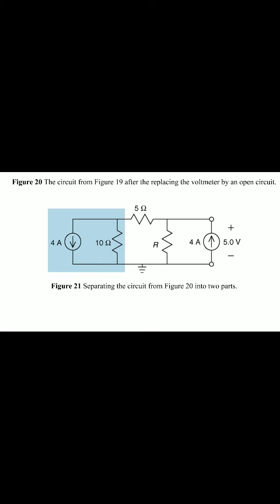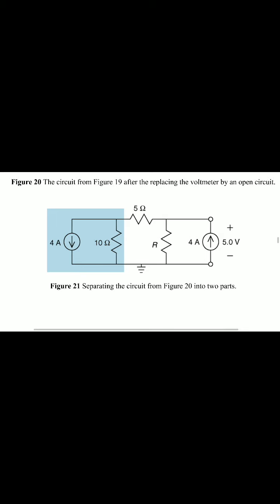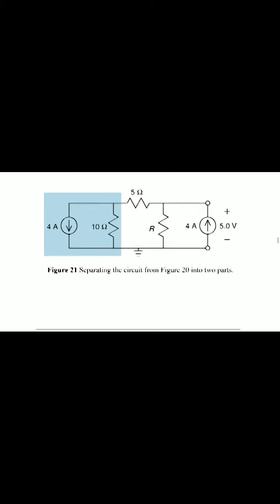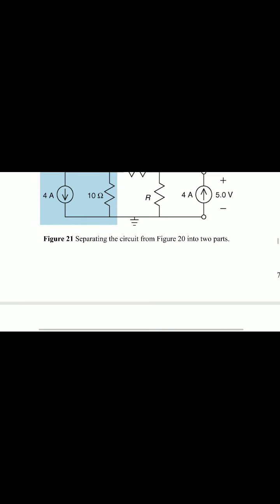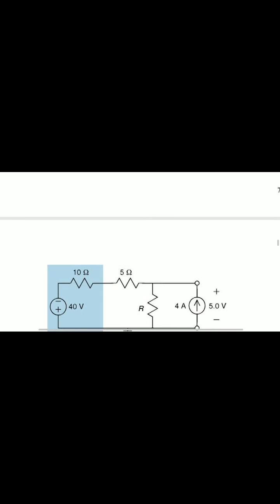That is the source transformation technique. Here the current is 4 amps and the resistance is 10 ohms. 4 into 10 gives 40 volts in series with 10 ohms. See here in figure 21, separating the circuit from figure 20 into two parts.